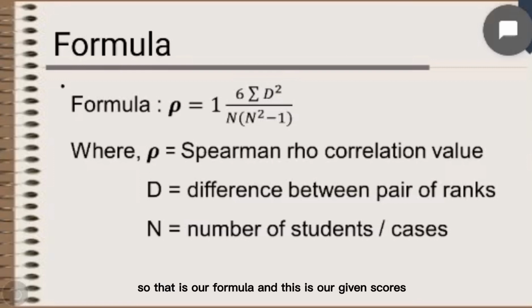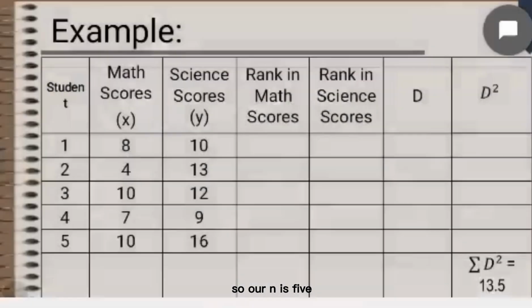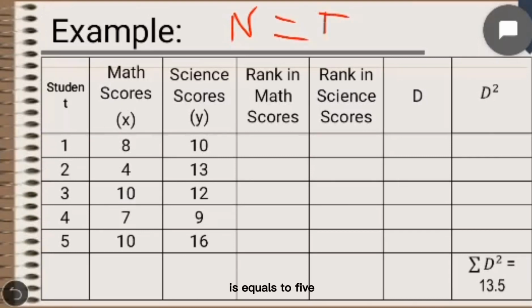And these are our given scores, for example, for us to solve. So our N is 5, the number of our students. Our scores are already given.